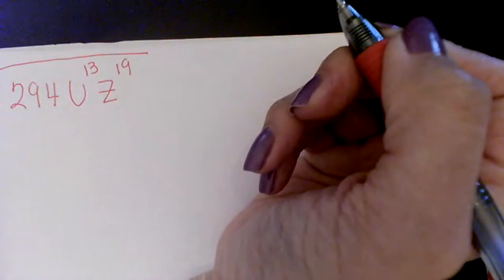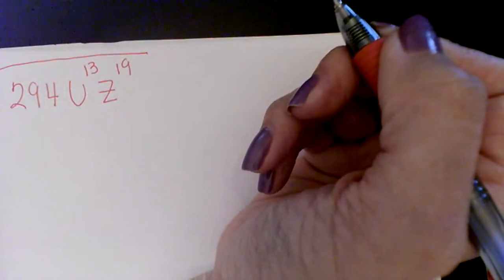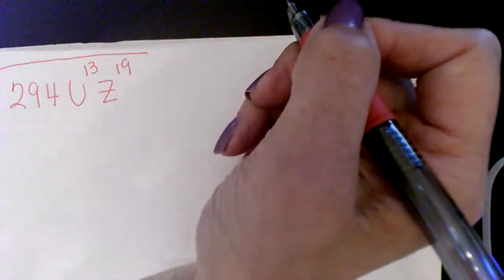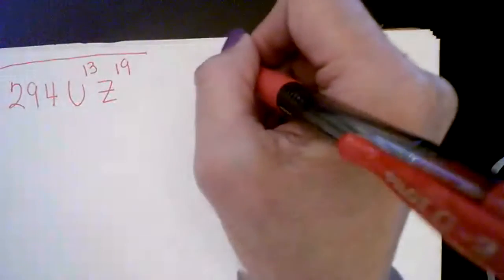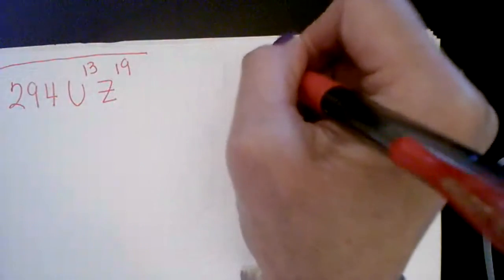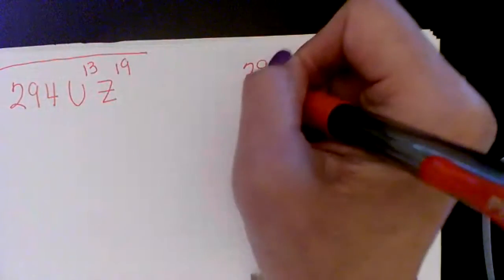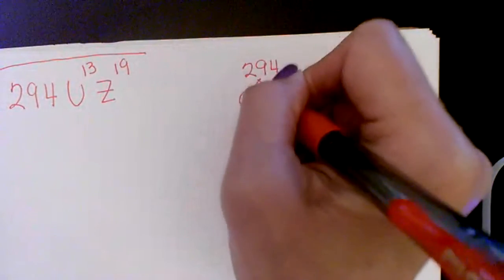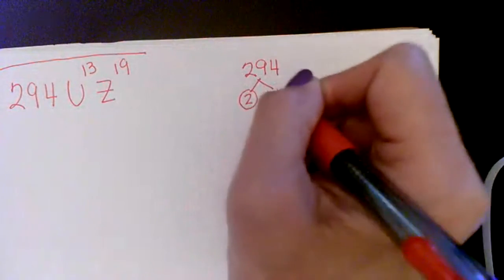Z13 and Z19. And we want the square root of these numbers. So first, what do I do with this, finding the numbers? Okay, 294, sorry. I like to do the tree method. So divided by 2 is what? 147.